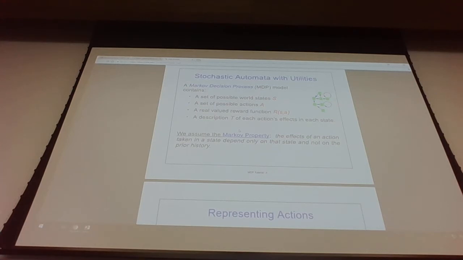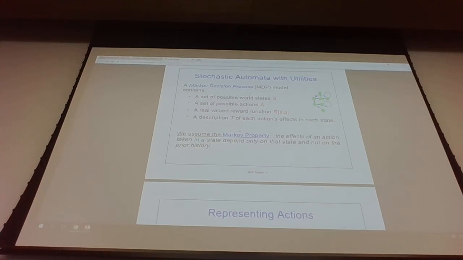And you also know that at a particular state, if I take an action, I am going to go to another state either deterministically or stochastically. Either you know for sure you are going to go to that next state, that is deterministic, or you know that 80% of the time if I take this action I am going to go to the next state, and 20% of the time I am going to go to some other state.